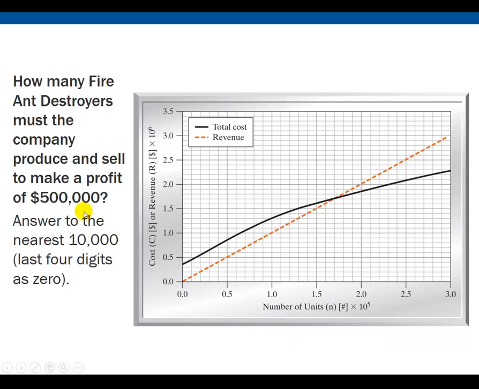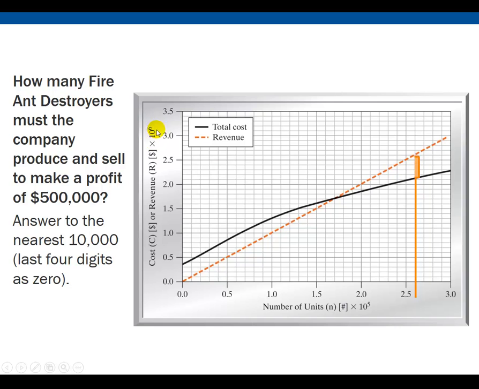All right, and then if we want to make a profit of $500,000, how many fire ant must be produced? This much is $500,000.